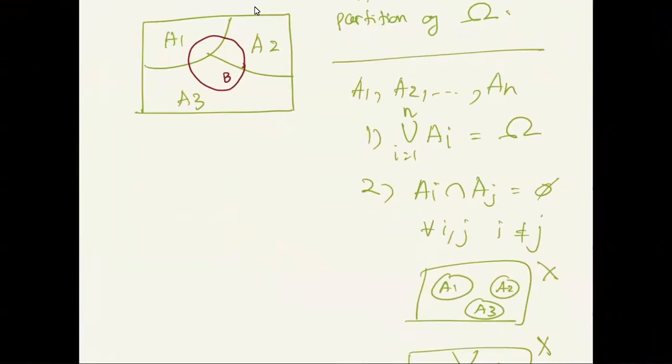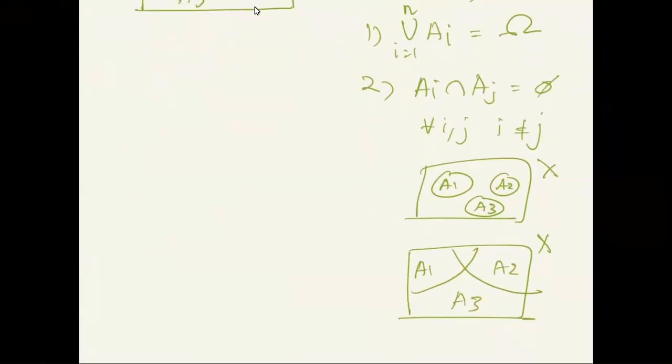What you can do is calculate this part, which is the probability of B intersect with A1, plus this part, the probability of B intersect with A2, plus this part, the probability of B intersect with A3. If you add those three parts together, it will give you the probability of B, and you don't need to subtract anything.